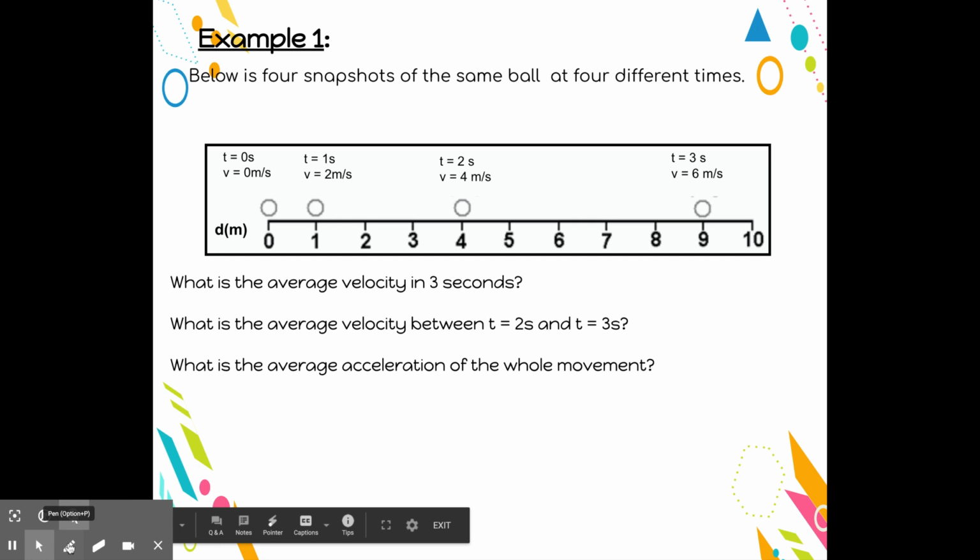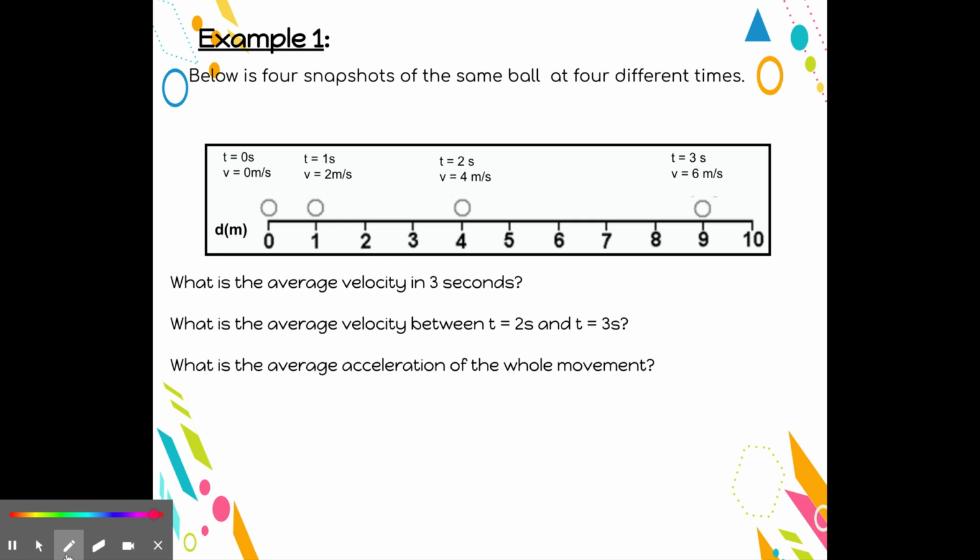So example one, if you were to look at a ball rolling. And this is kind of what you saw on your Graphs and Tracks challenge assignment. So at time 0, your distance is at 0 meters.